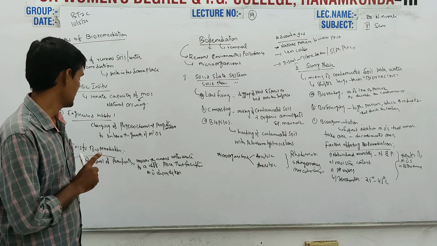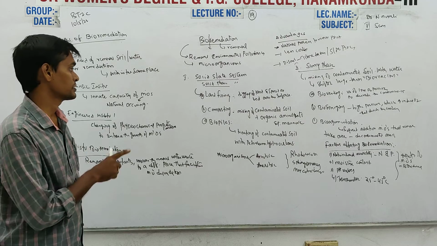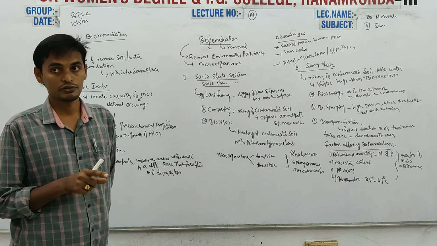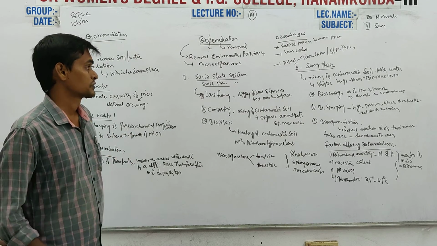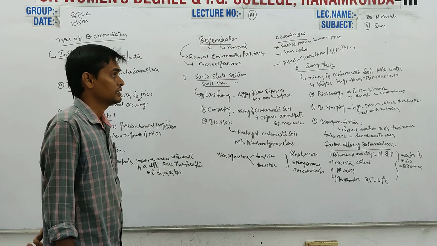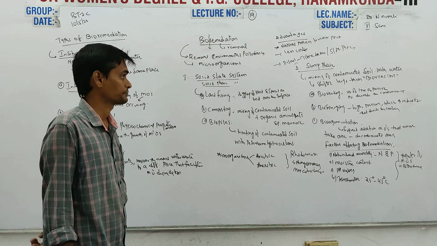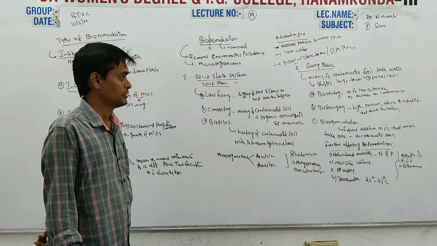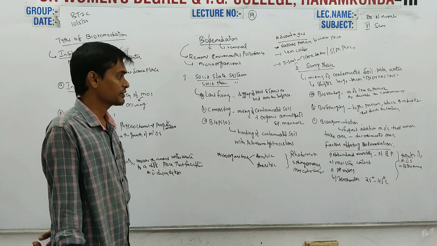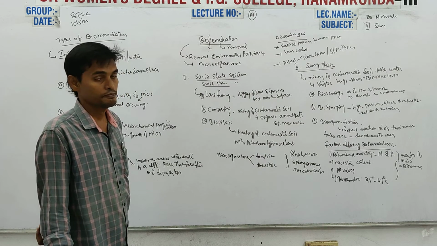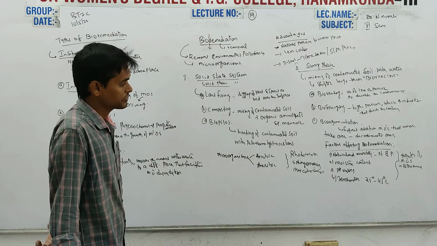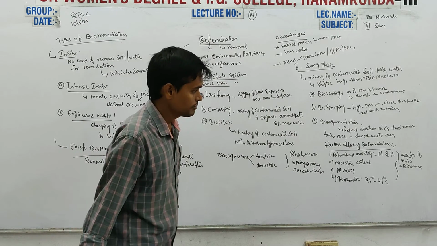So ex situ bioremediation can be done using the solid phase if the waste is solid, and the slurry phase if the waste is in liquid or semi-liquid form. Next, coming to the factors that affect bioremediation, which include nutritional availability.